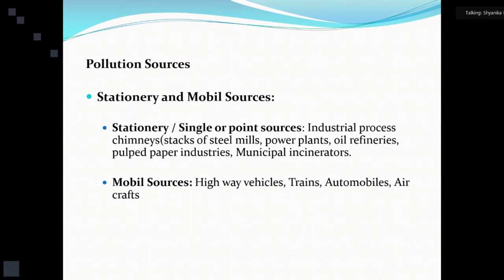It is in one point, so we call that a point source. For example, what are the point sources? Industrial process chimneys, power plants, oil refineries, likewise. They are located in one place. We call that a point source.